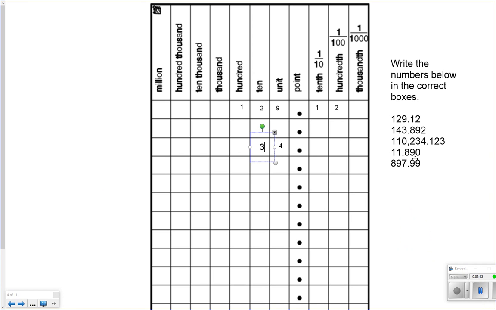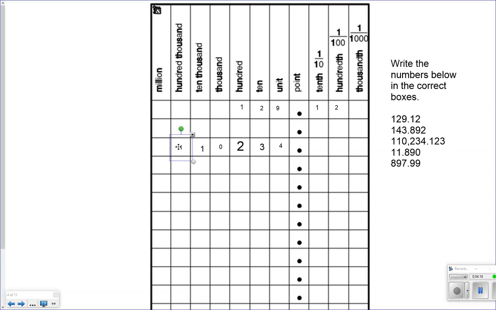What about hundreds? Hundreds here is 2. So I write 2 here in hundreds. After hundreds we have thousands. Thousands here is 0. Okay, so write the 0. Okay, 10,000 is 1 and 100,000 is also 1. So I write 1 here on 10,000 and another one here on 100,000.